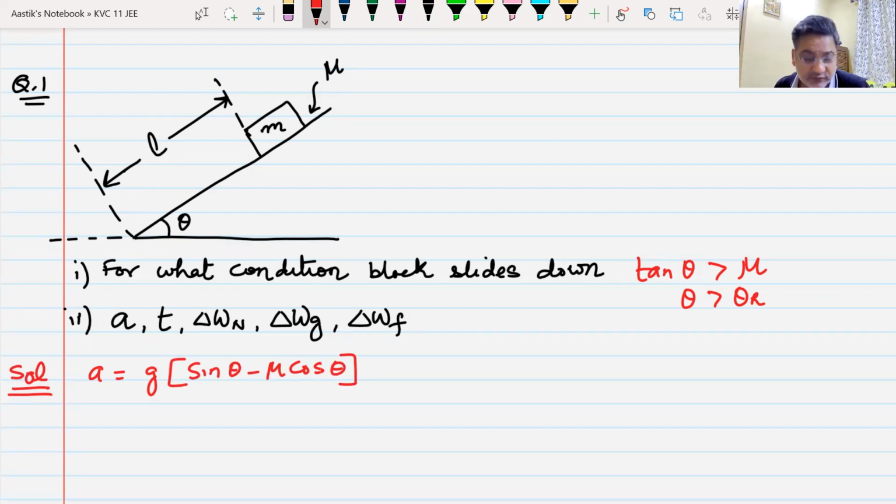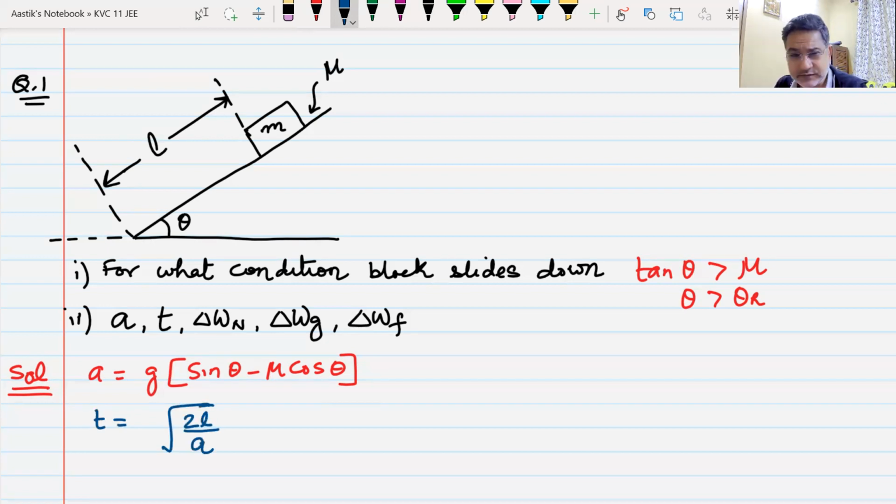What about the time? How much time does it take to slide down? Root 2L by g into sin theta minus mu cos theta. Time is root over 2L by a, whatever a is.